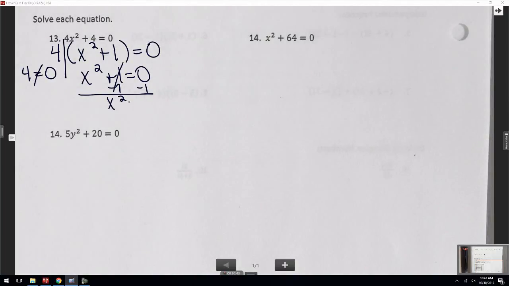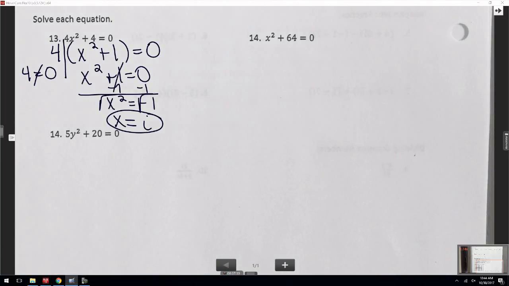So x squared equals negative 1. And now that x is by itself, how do you get rid of the square? Now you square root it. There you go. And you know that the square root of negative 1 is i. Very good job. Okay so far?